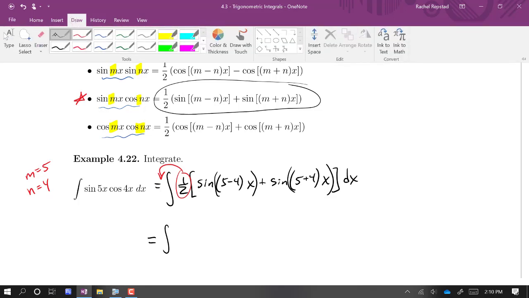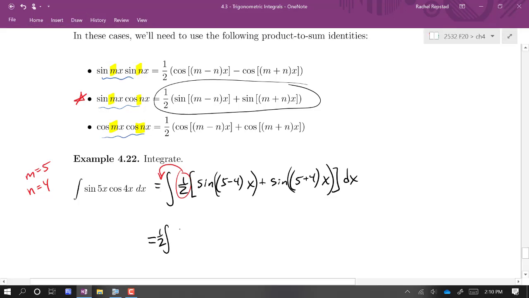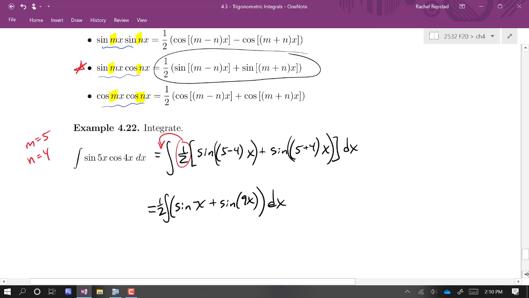That'll be better. 1/2 integral sine of x plus sine of 9x dx. Now I have a sum of two different functions, but they're both just sine of a constant times x. I think we know how to integrate both of those. I'm going to split up this integral. When you split up the integral, both of those integrals need this factor of a half. So we get 1/2 integral sine x dx plus 1/2 integral sine of 9x dx.